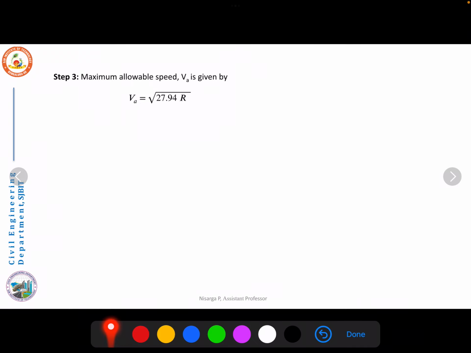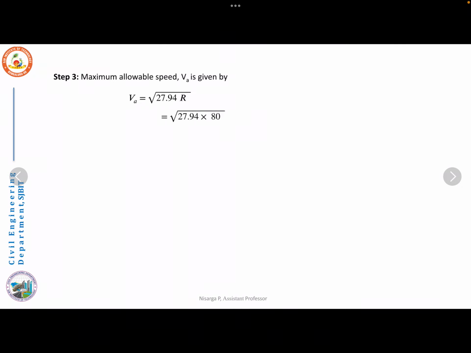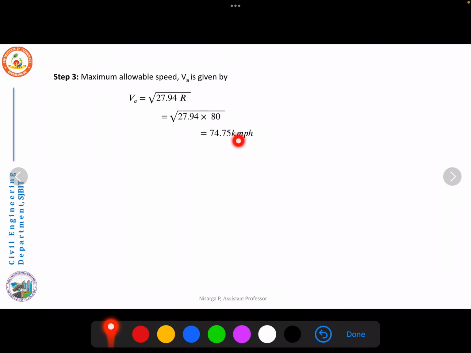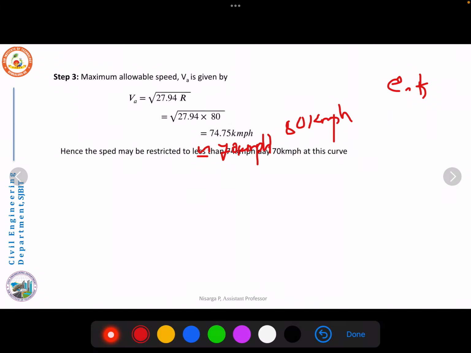The maximum allowable speed can be calculated as the square root of 27.94 R. So substitute the value of R here and find out the restricted speed. The design speed is 80 km/h, but the E and F values are not sufficient there, and that's why we will restrict the speed to about 70 km/h at that horizontal curve.